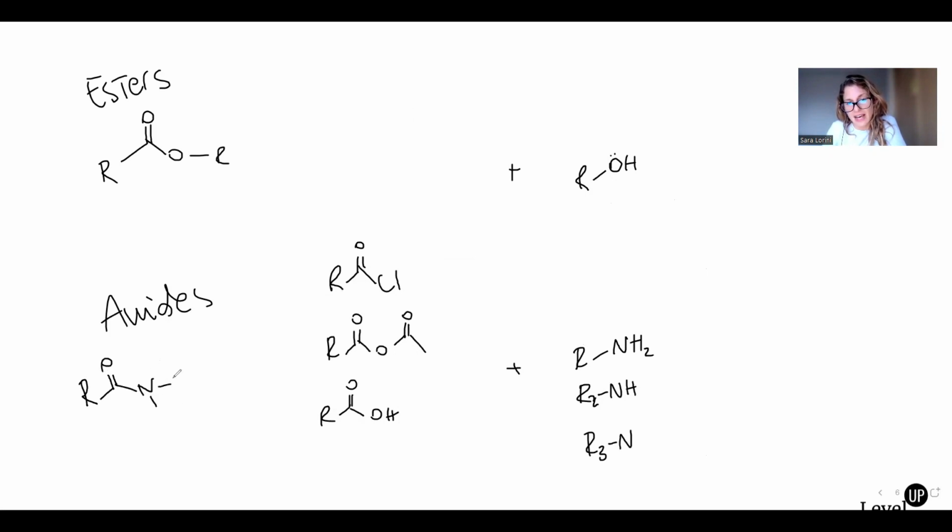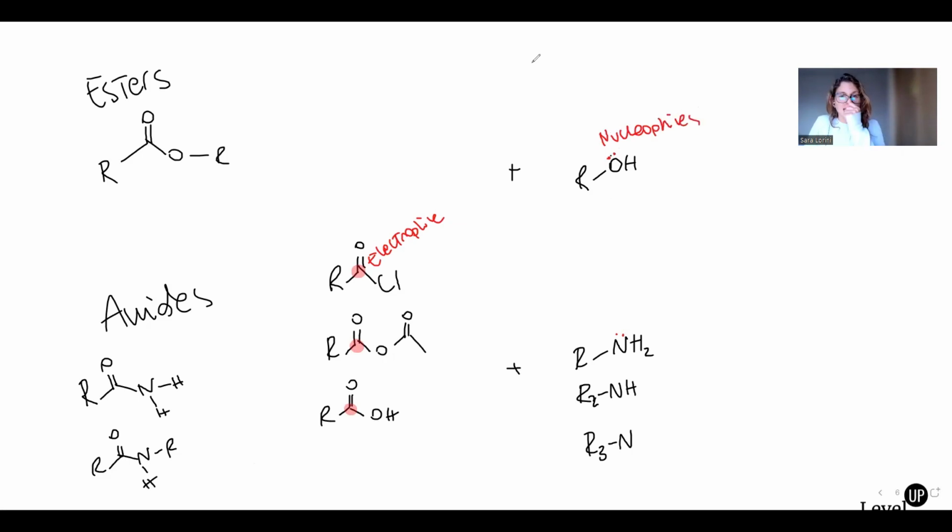And then we can have either hydrogens, or we could have more substituted, so R groups instead of the hydrogen. Mechanism is the same. The activity of all of these molecules is the same. They undergo this addition elimination because this carbon is an electrophilic center. Why? Amines and alcohols, they're pretty good nucleophiles because they have this lone pair of electrons.